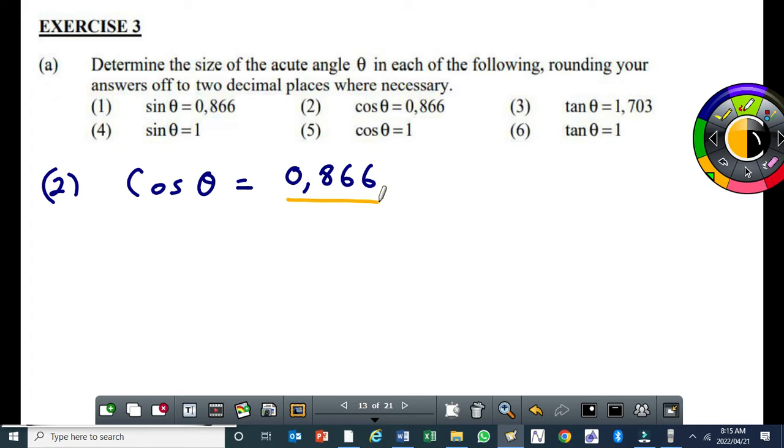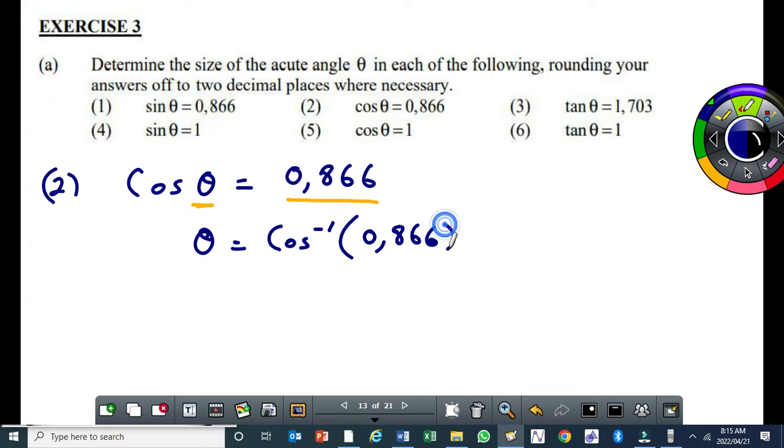Then we need to calculate the size of the angle theta. To do that, we take this cos to the right, so that we end up having theta equal to shift cos, or arc cos, of 0.866. This is how you write it. It's very important for you to be familiar with how to write it down.